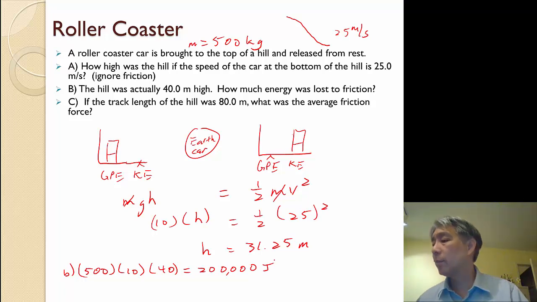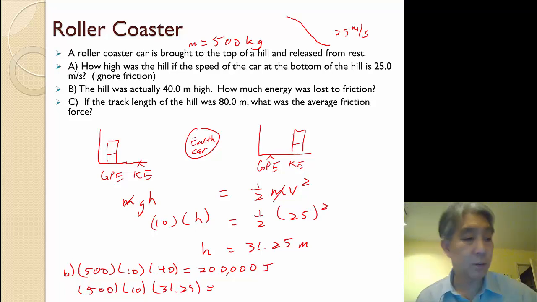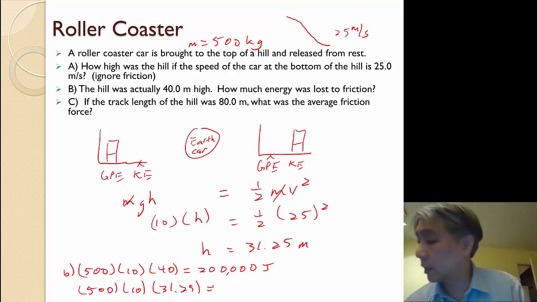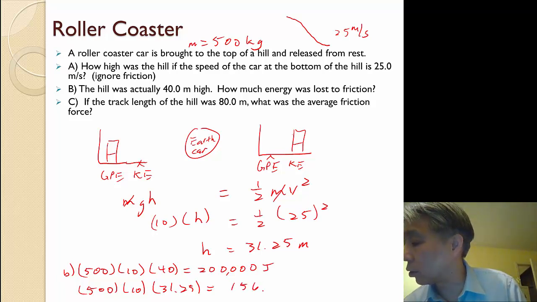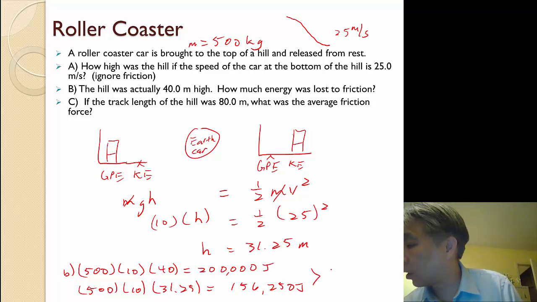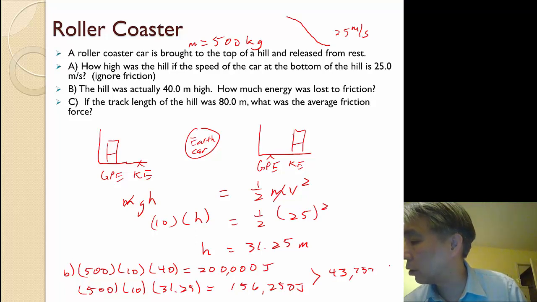And that's compared to 500 kilograms times 10 times 31.25, and that gives me 156,250 joules. And the difference there, I have lost 43,750 joules to friction.